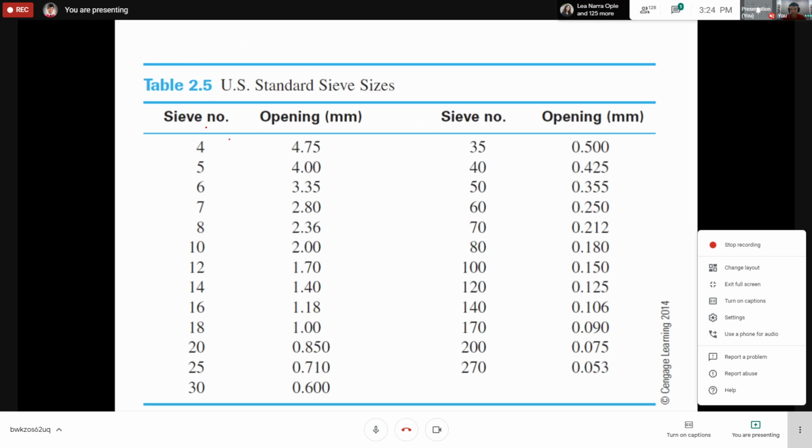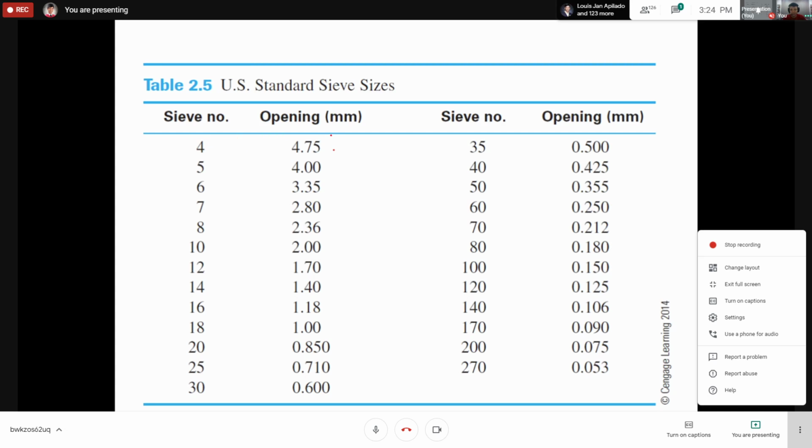So again, if we're going to talk about the sieve number, we have many sieves that represent the experiment. The ones we usually have in the laboratory are the important sieve numbers.